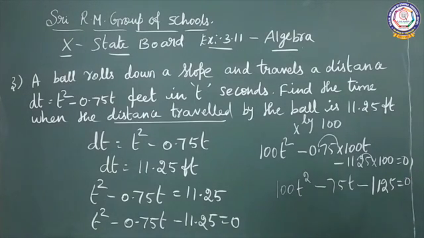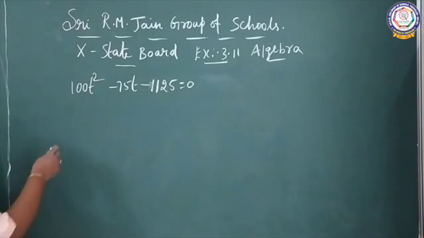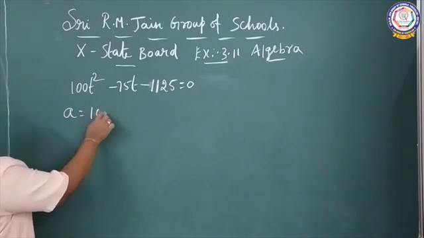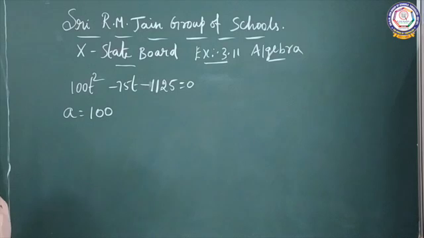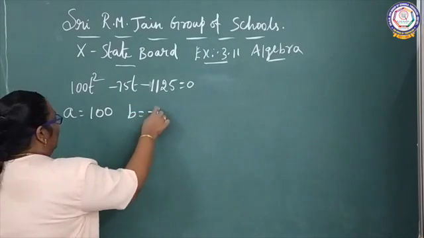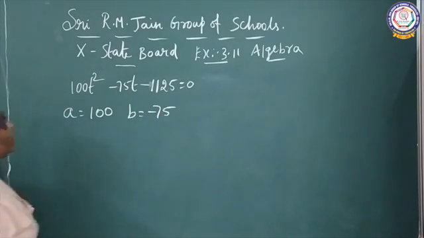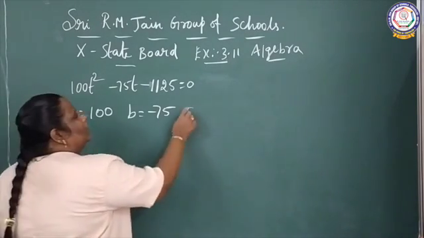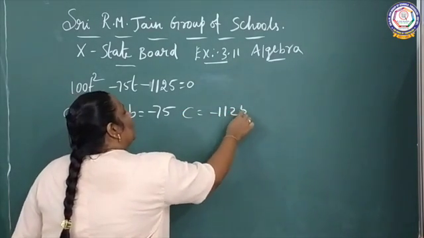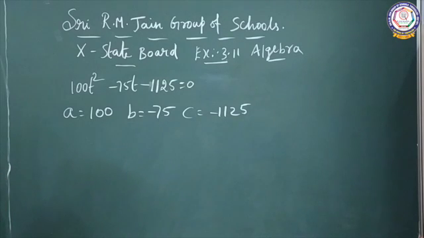Now we are going to use the formula method, t equal to minus b plus or minus root of b square minus 4ac by 2a. So a equal to 100, b equal to minus 75, c equal to minus 1125.